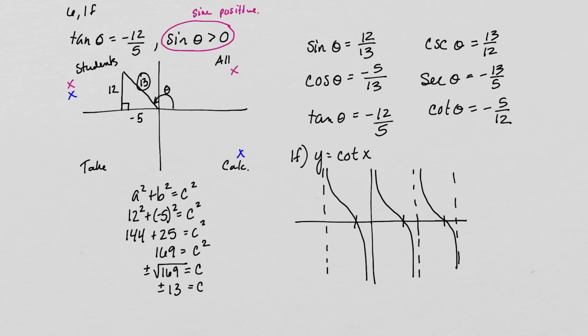So these asymptotes are happening at multiples of pi. So pi, 2 pi, this would be minus pi, and then the places it crosses are at the multiples of pi over 2. So pi over 2, 3 pi over 2, this will be minus pi over 2. So that's all I'm looking for in 1F.